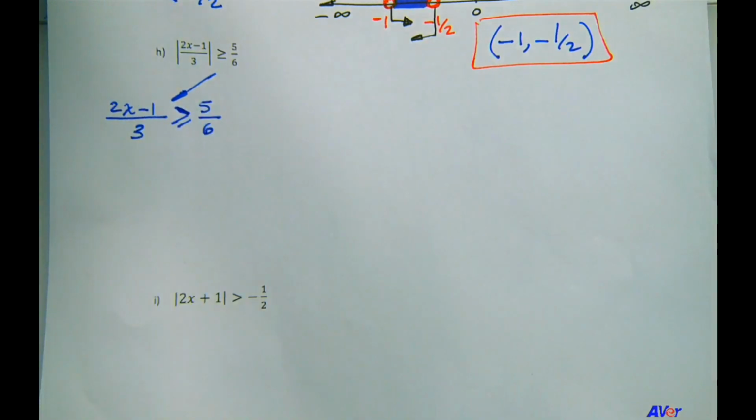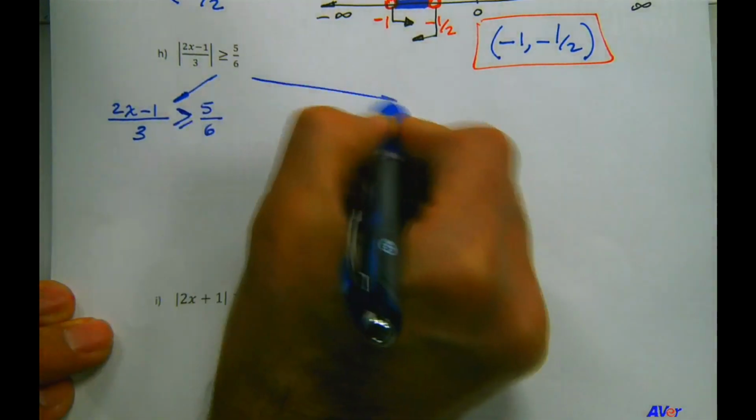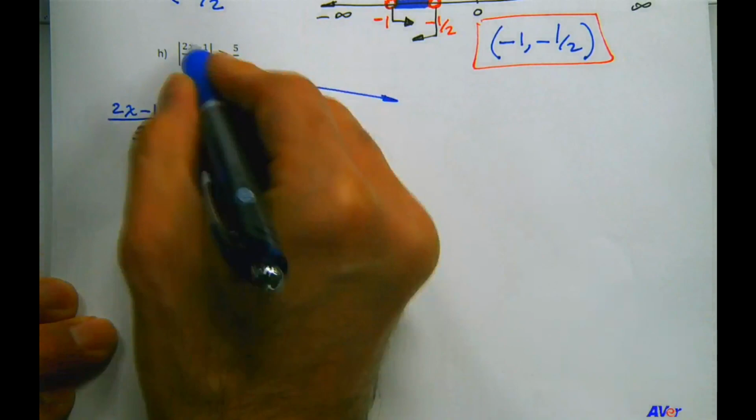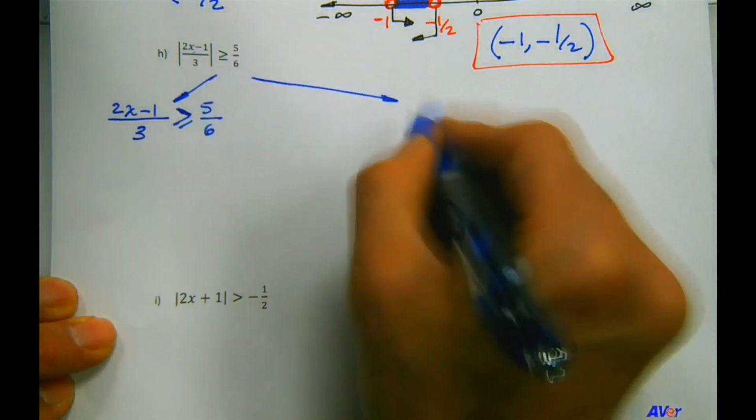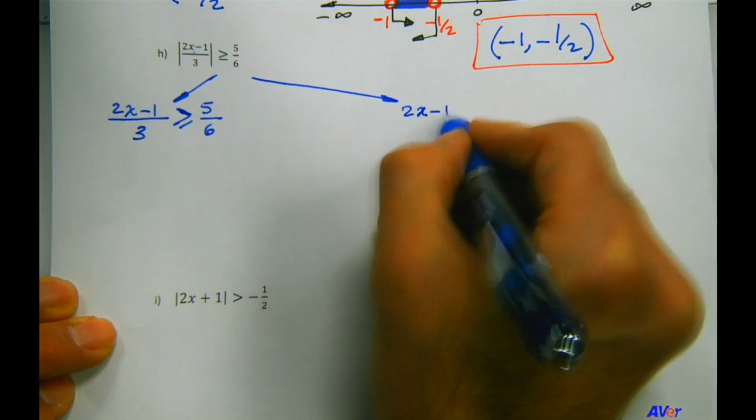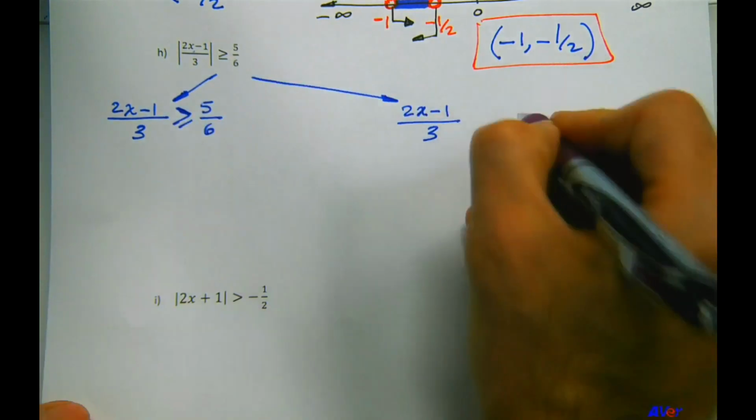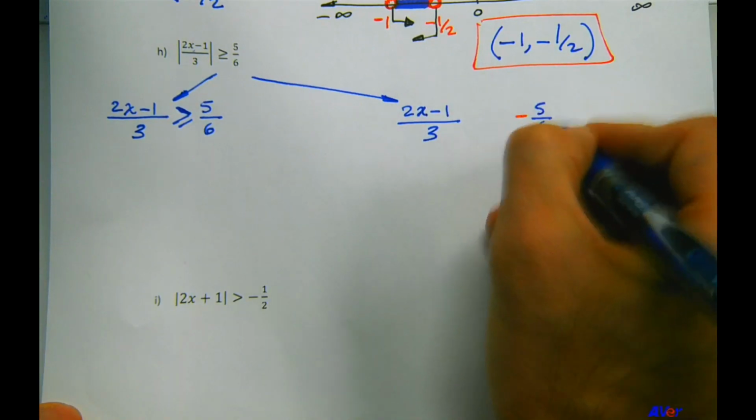That's one of the solution paths. What's the other one? The other one is the inside of the absolute value as it is, (2x - 1)/3. The other side gets multiplied by negative 1, so minus 5/6.